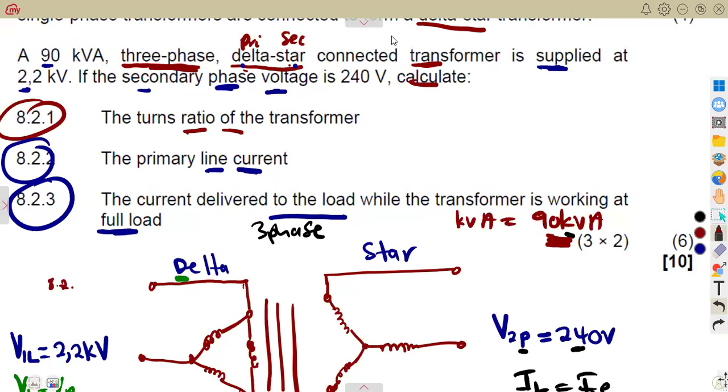Also revise that part on single phase. They can ask you a single phase question, or they can ask you a question on three phase. So just revise both, okay?